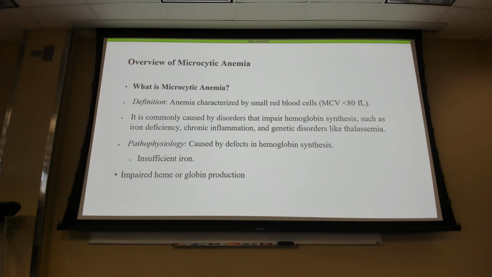In iron deficiency, I'm lacking heme. In sideroblastic anemia, there's a problem with the protoporphyrin ring that makes up your hemoglobin. When you talk about the thalassemias, the problem is in the globin chains.